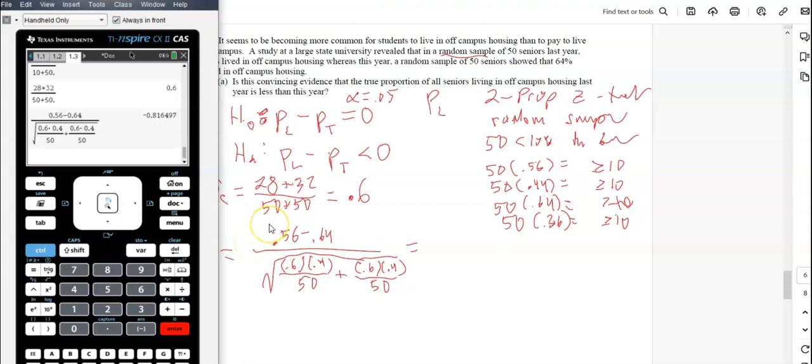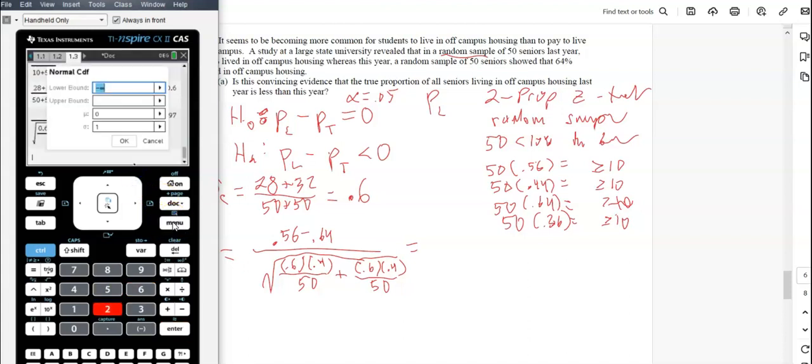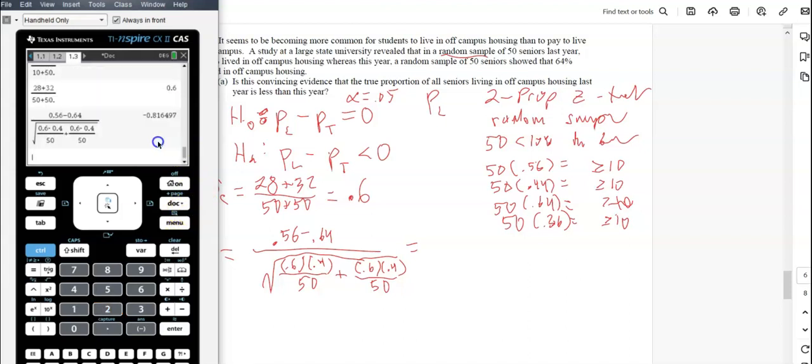If it is, we can do norm CDF, so menu 652. What was that value? Negative. So we draw that. Maybe I should write negative 0.816.